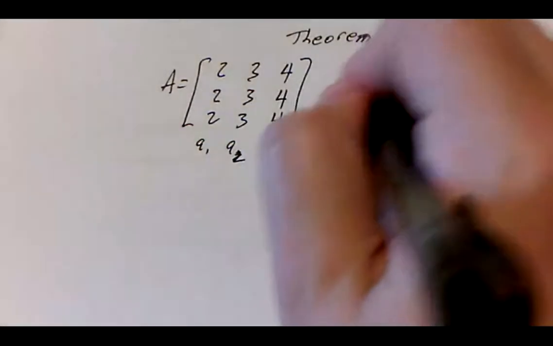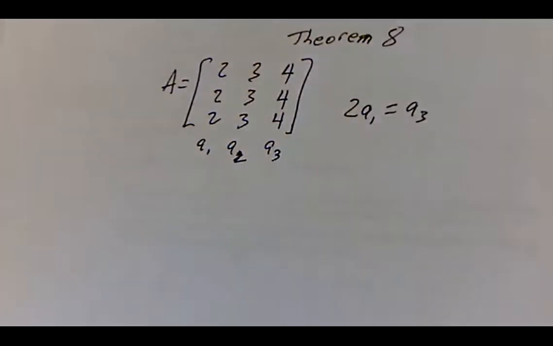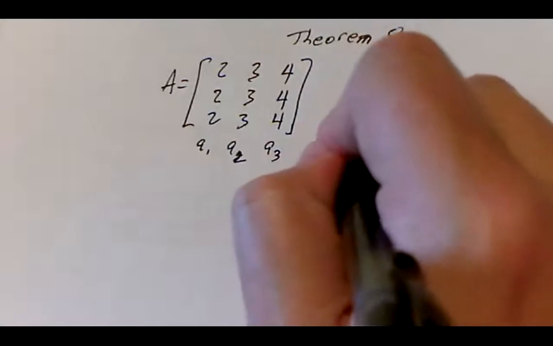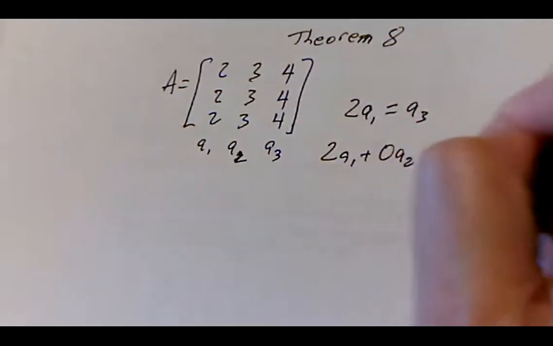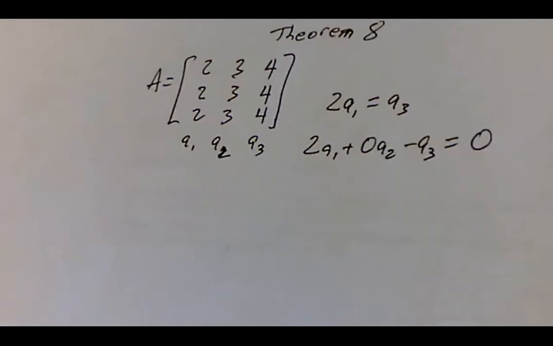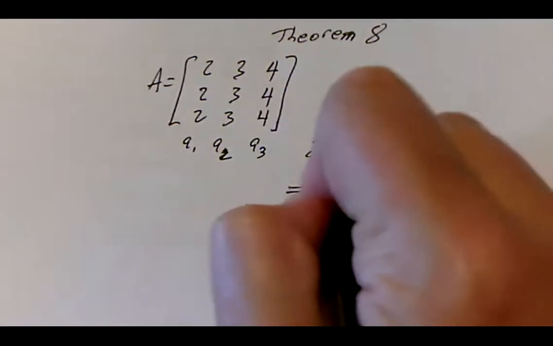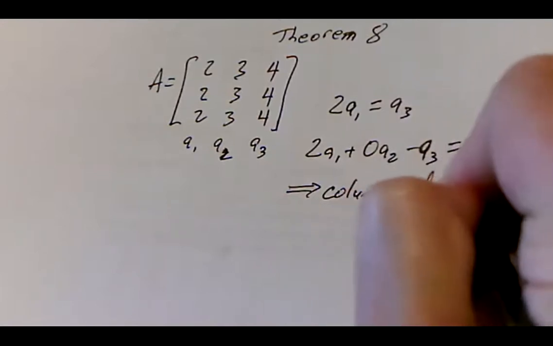Easiest thing to notice is that 2 times A1 will get us A3. So this is a dependence relationship, right? 2A1 plus 0A2 minus A3 will get us the 0 vector. Those are A's, not 9's. So this is a dependence relationship. That means the columns are dependent, linearly dependent.